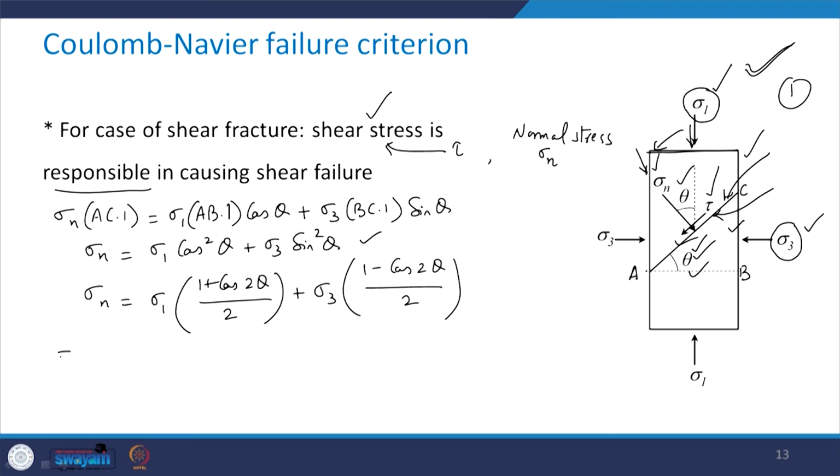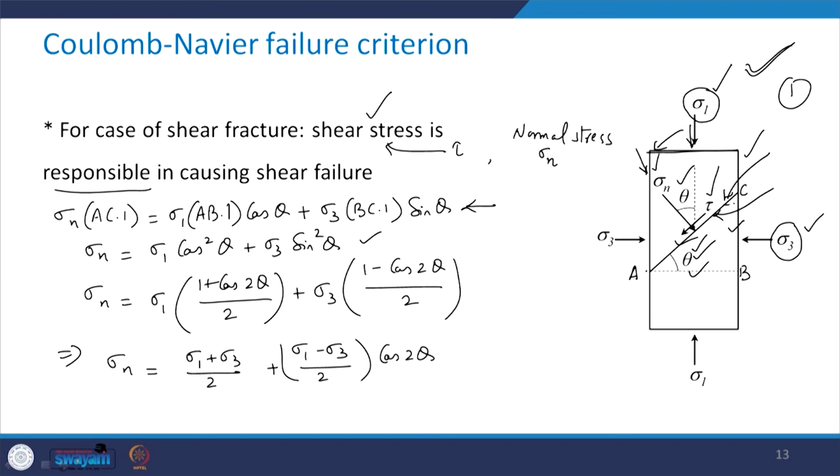And therefore from here what you will get is sigma n is equal to sigma 1 plus sigma 3 upon 2, plus sigma 1 minus sigma 3 upon 2 into cos of 2 theta. So this is the equation that we wrote, the force equilibrium equation in the direction normal to the failure plane.